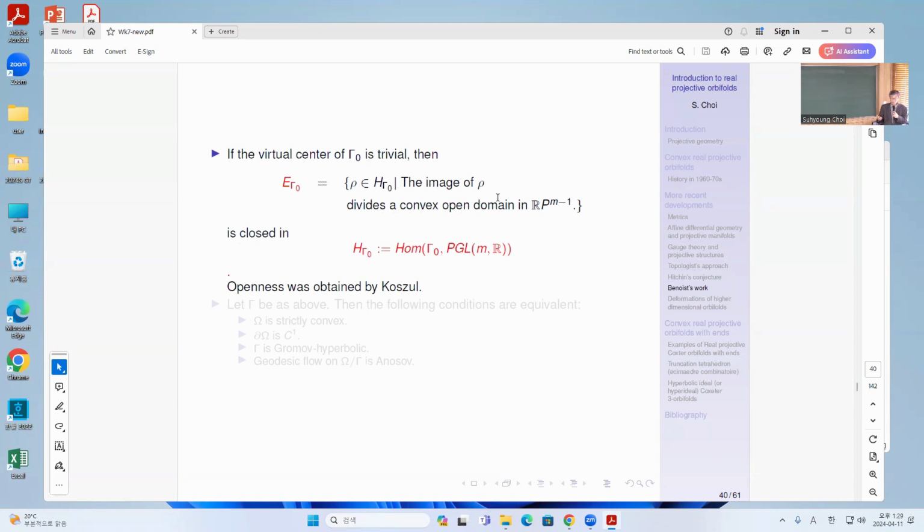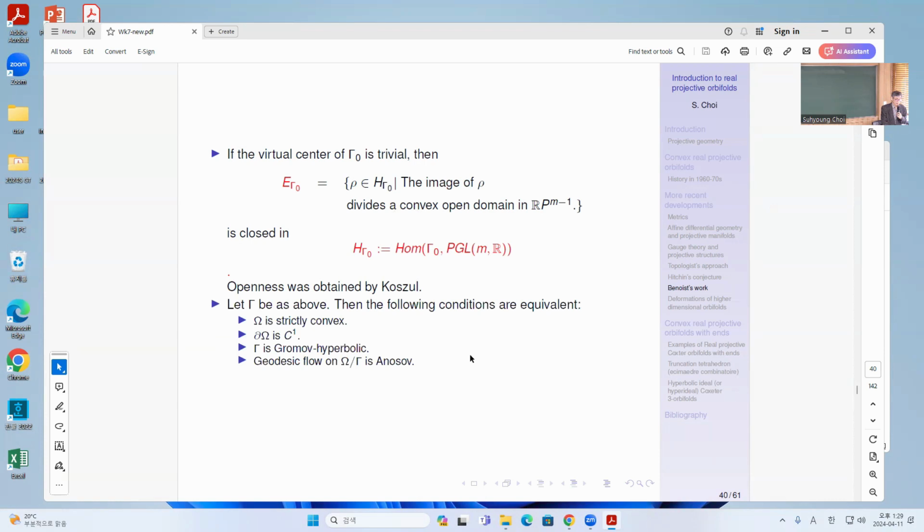So it's a sort of closedness condition. As long as a group doesn't contain some large center, you can show that the set of representations dividing the convex open domain is closed. And of course, that generalizes our theorem for surfaces. Okay.